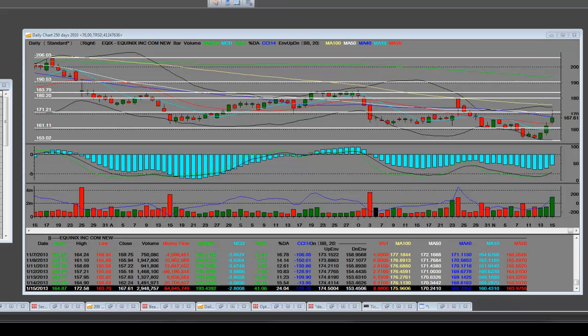The other main thing that we'll be doing is taking a look at these key resistance levels. What does that mean? It means selling short into resistance and buying at support.